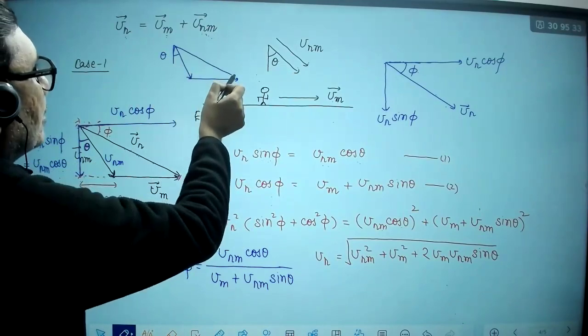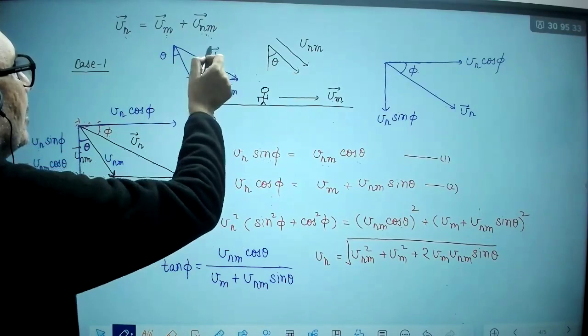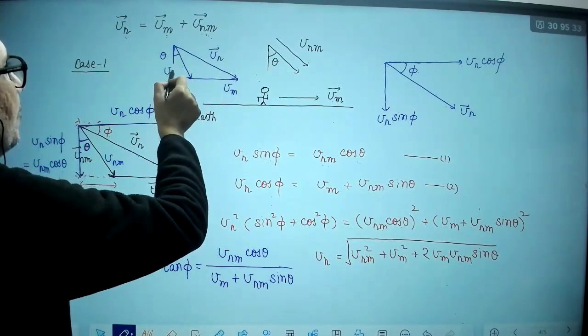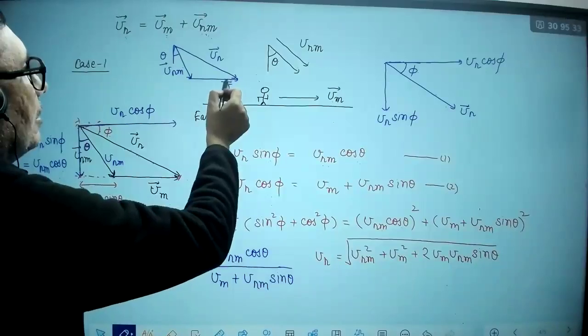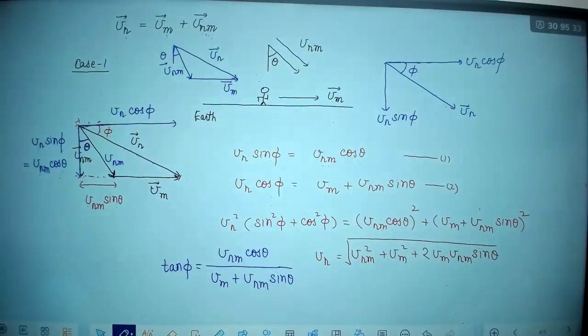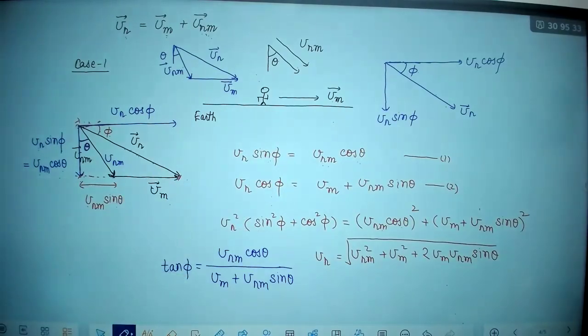VR will be in this direction, automatically. And this is VRM. So in this way, first you have to draw this triangle, and then you can create this type of equation. Theta is given. Is it clear what I'm saying?